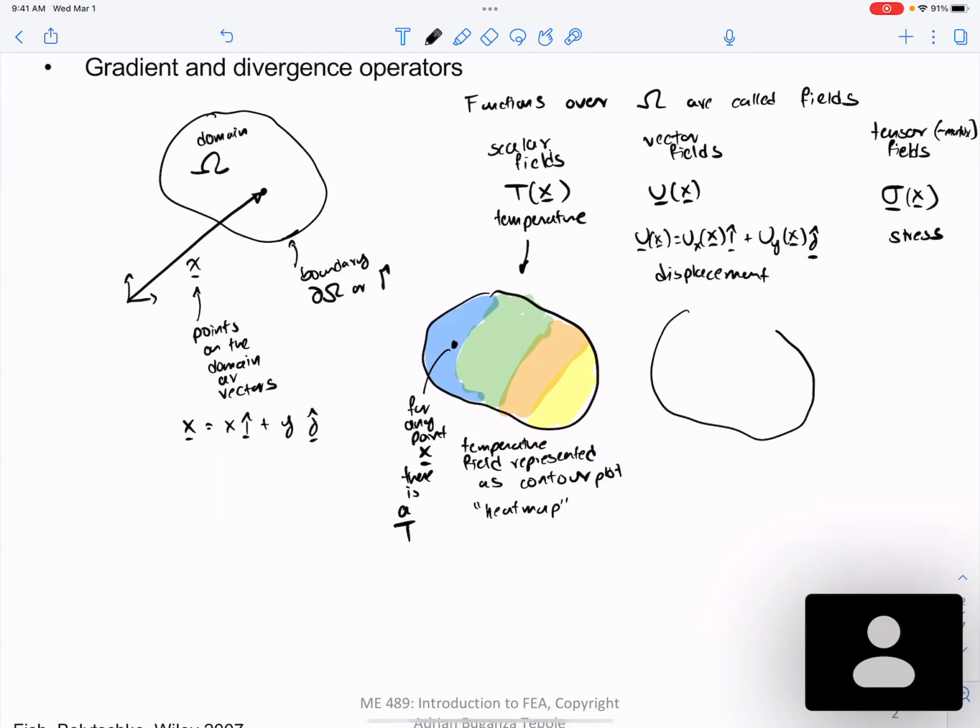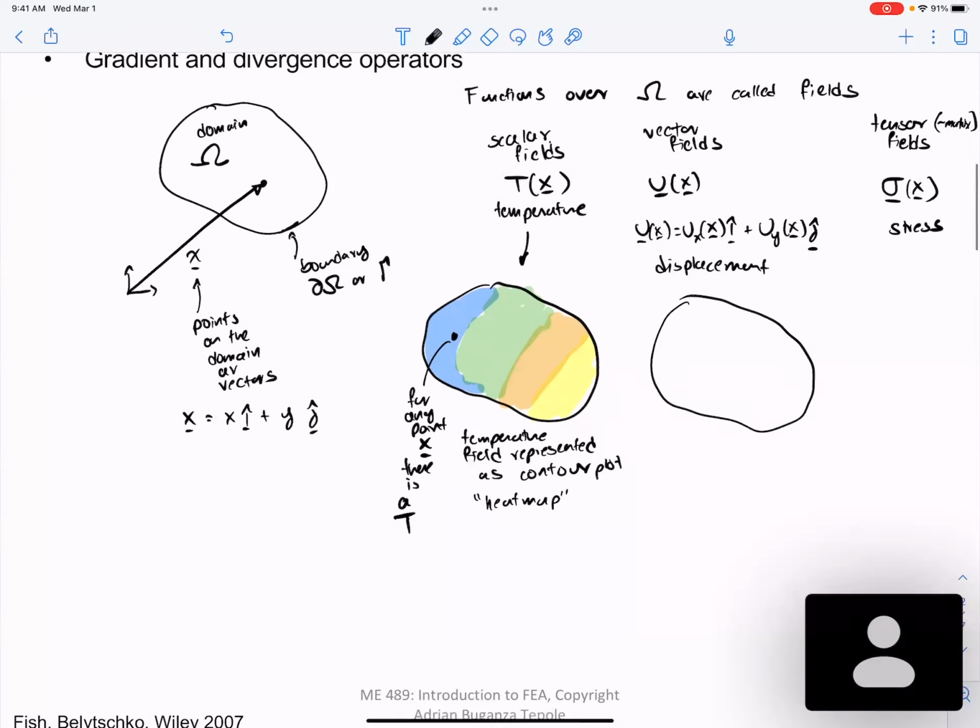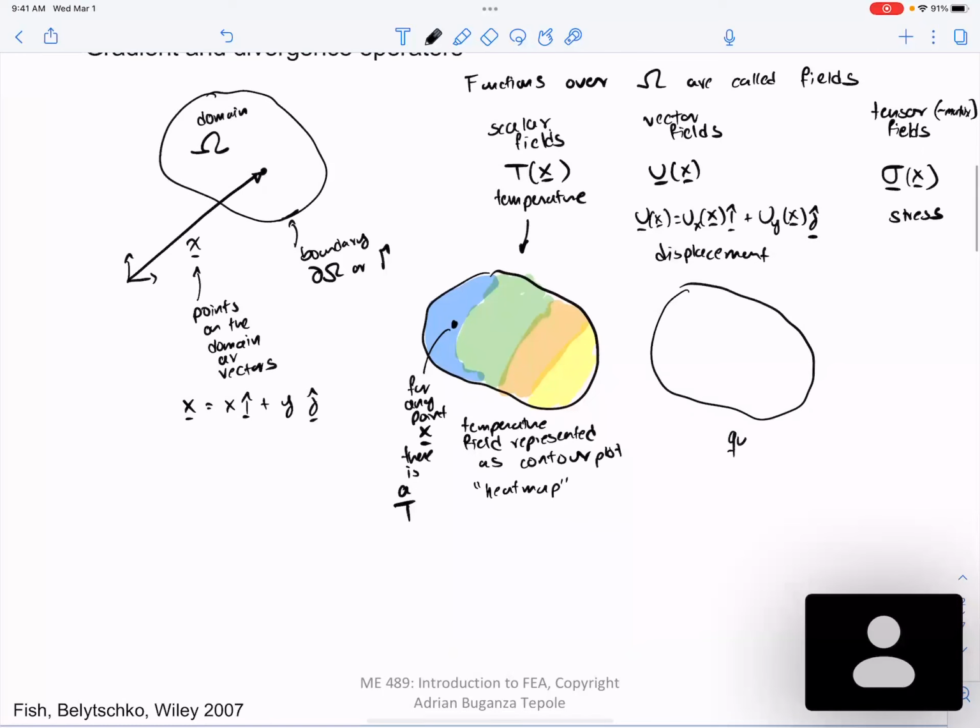Whereas the vector field, typically, you represent with what would be called a quiver plot. You can do this in MATLAB or in Python as well. And basically, for every point x, you get a vector.